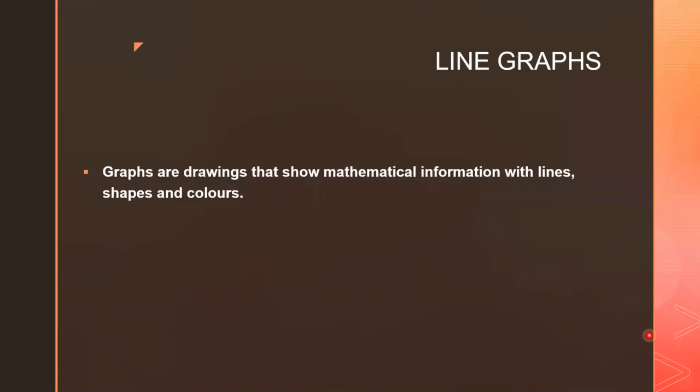What kind of drawings? It illustrates mathematical information with the help of lines, shapes, and colors. So now you understand what a graph is. It gives you some information with the help of a line diagram or line graph or some shapes and colors, etc.